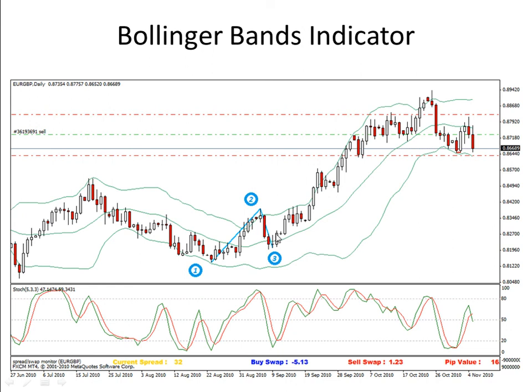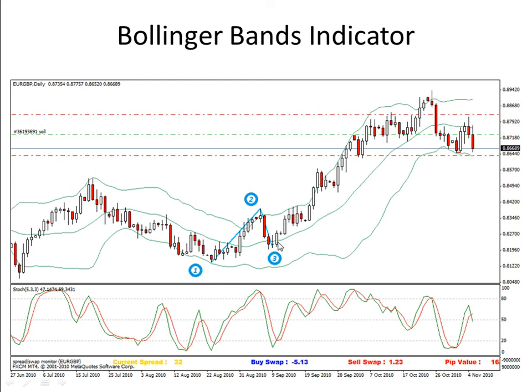Moreover, the price didn't reverse until the lower band. Almost at the middle band itself, it started reversing. So you can say that this 1 2 3 pattern can be used to find whether there will be any trend forming in the upward or downward direction.